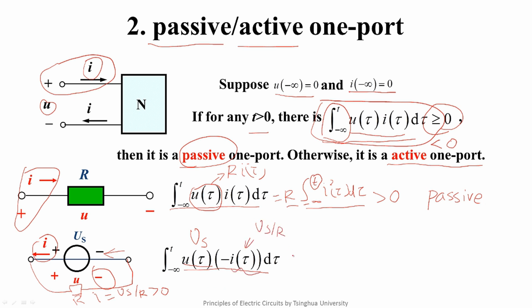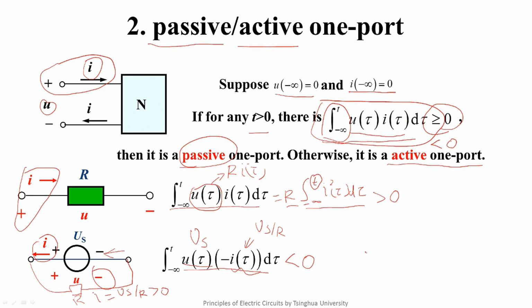So the minus Us over R is less than zero. So we can see that it is an active element. It conforms to everyone's common sense: a resistor is a passive component and a voltage source is an active component.